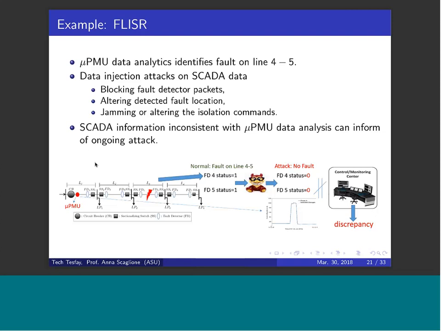So again, this is a matter of finding the discrepancy between the picture that is available at the supervisory control and what's happening physically. And in this case, you can make the hypothesis that the overcurrent was caused by some other switching event that the attacker has been able to access in other parts of this grid.